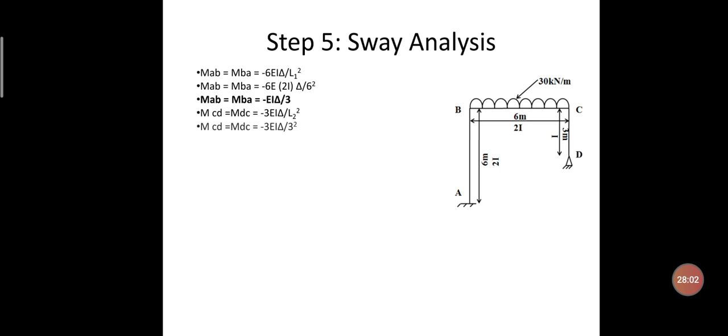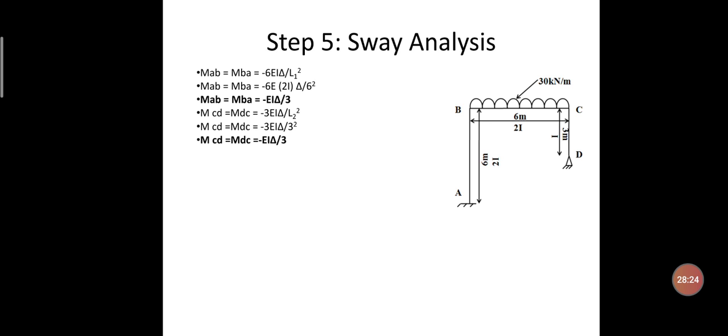So 3 EI, I remains I itself, delta is constant, and L is equal to 3. So 3 EI delta divided by 3 square. Again MCD and MDC is equal to minus 3 EI delta divided by 3 itself.